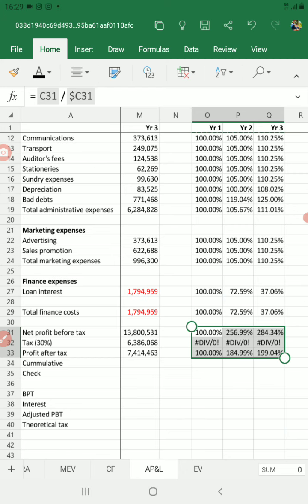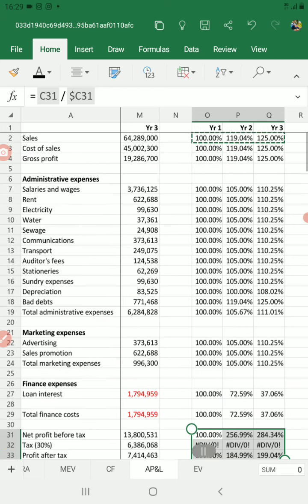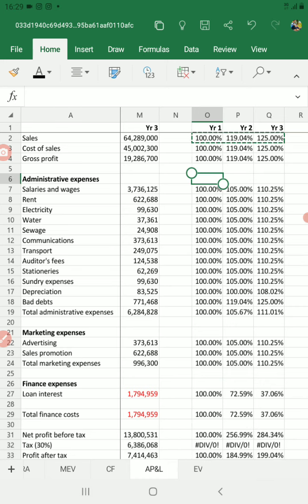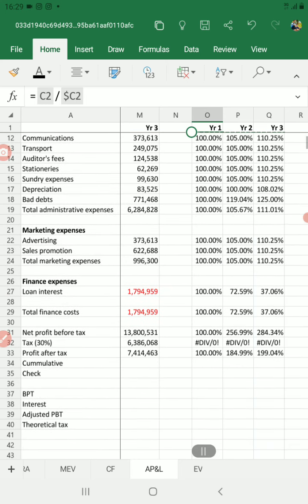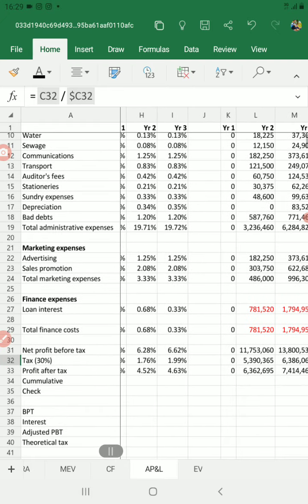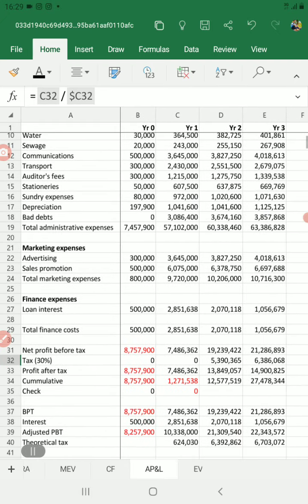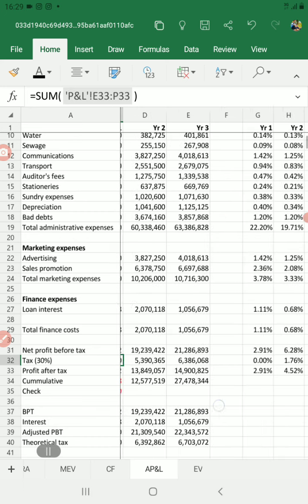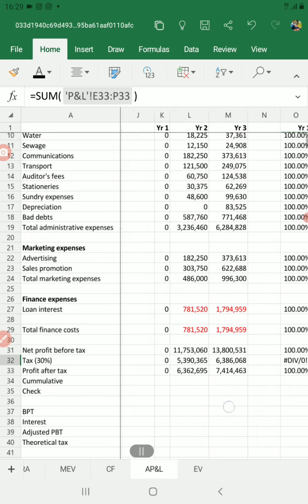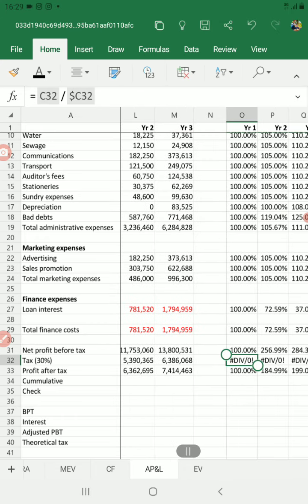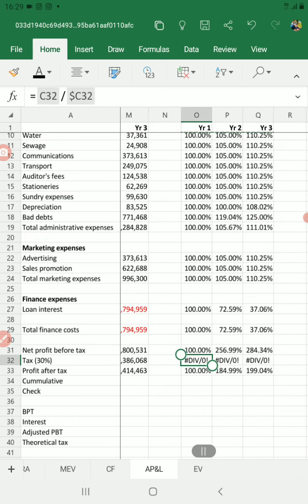Okay, so year one is the base figure, that's why it's always 100%. In this tax area here we have a div error, because if we go to the figures for tax, in year one it is 0. So that's why we have this error sign here, so this one is not applicable here.